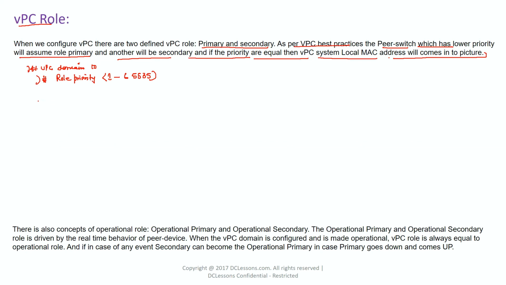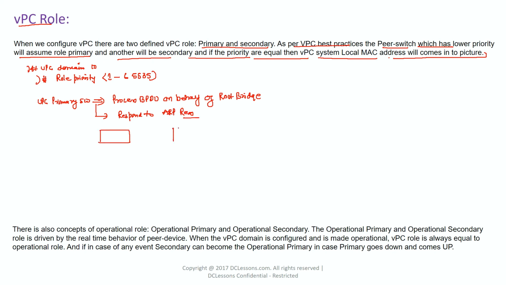So ideally what happens, the VPC primary switch is used to process BPDU on behalf of the root bridge, and it also responds to ARP requests. So if I have a VPC domain, and this is my VPC primary and this is my VPC secondary, as a best practice I will make the primary the STP root also, and for all HSRP and gateway it will be primary.